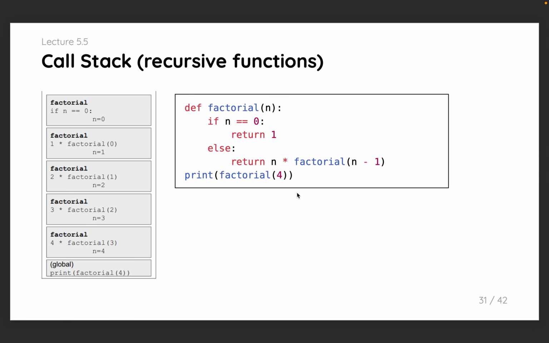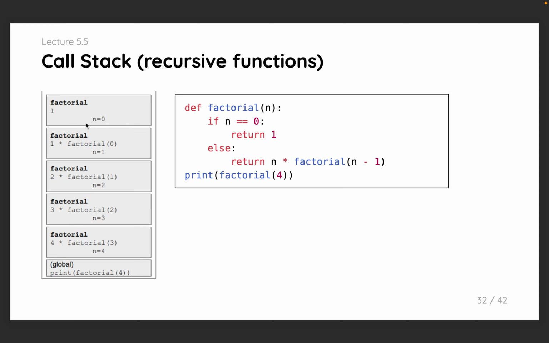Once we reach 0, we look at this branch instead of this branch, since n is equal to 0. So if n is equal to 0, we end up returning the value 1. So factorial of 0 is equal to 1, and so this evaluates to 1.